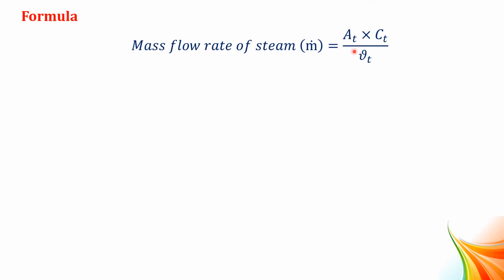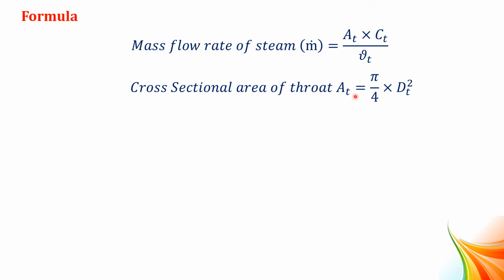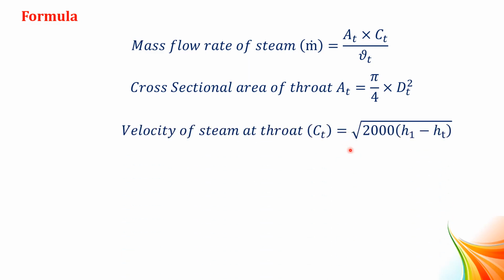So for calculating the cross-sectional area of throat, we know At equal to pi by 4 into dt square. Here dt is the diameter at the throat section. Then we have to find out Ct, velocity of steam at throat section, equal to square root of 2000 into (H1 minus Ht).